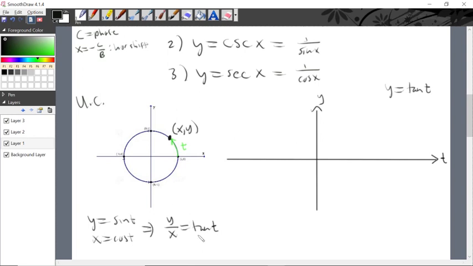Right? Recall that we can interpret this as well as the slope of the line that connects the center of the circle to the point with coordinates x, y. Okay, so we draw a line out like that.